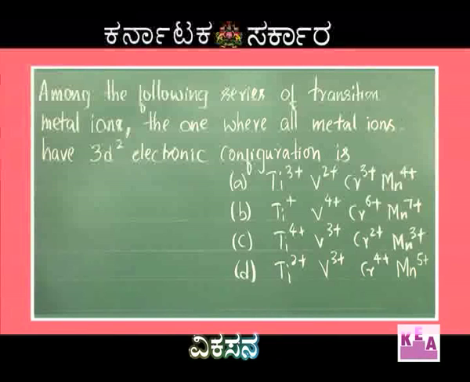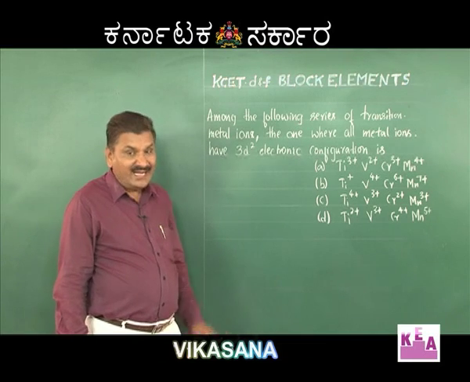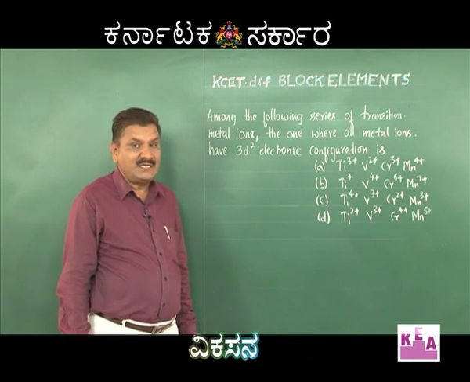Like that, titanium plus, vanadium plus 4, chromium plus 6, manganese plus 4. Titanium plus 4, vanadium plus 3, chromium plus 2, manganese plus 3, titanium 2 plus, vanadium 3 plus, chromium 4 plus, manganese 5 plus. To get the answer for this question, let us have the electronic configuration of these elements.